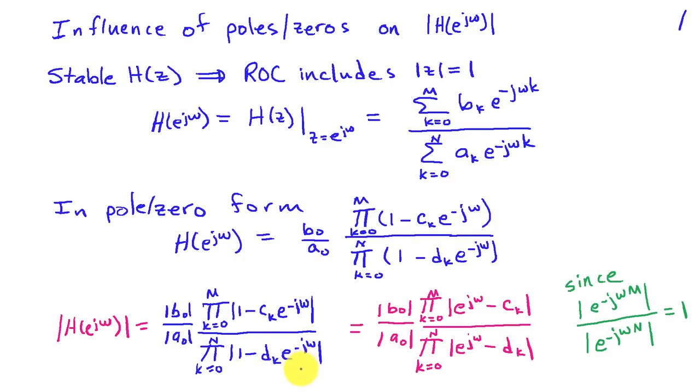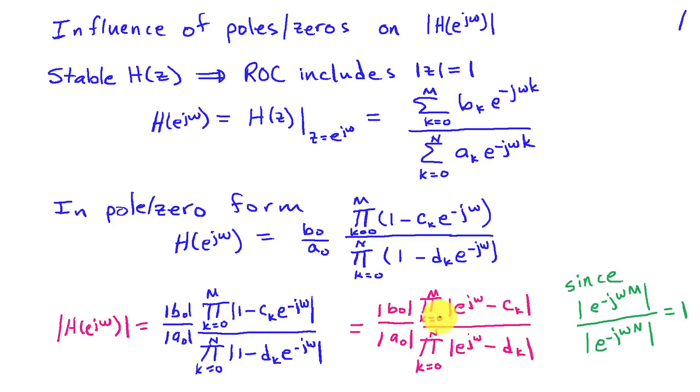Now what we're going to do is factor e^{-jω} out of the numerator as well as factor it out of the denominator terms. And if I do that, I'm not going to have e^{-jω} on the c_k, but I'm going to end up with e^{+jω} in place of the 1.